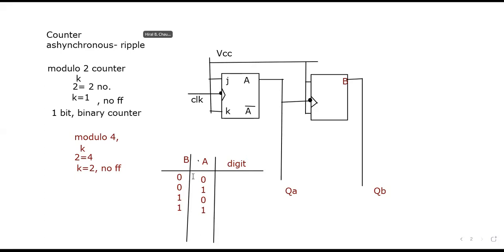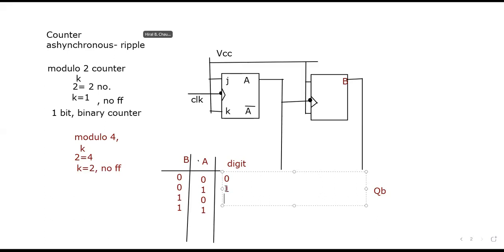So what would be the combination? 0 0 is the binary of 0. Then 1 0. 0 1 is 1.